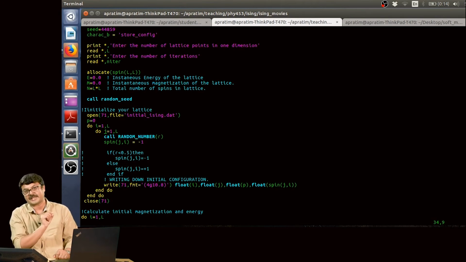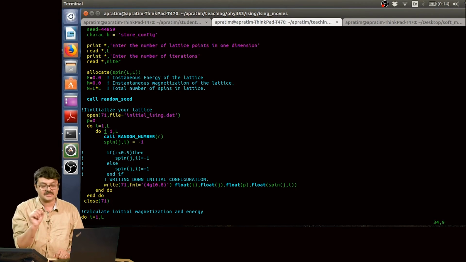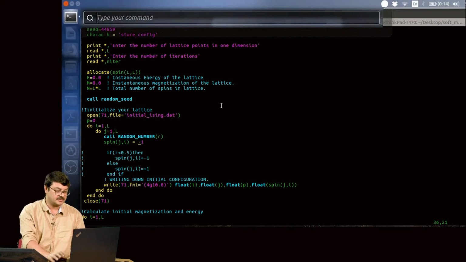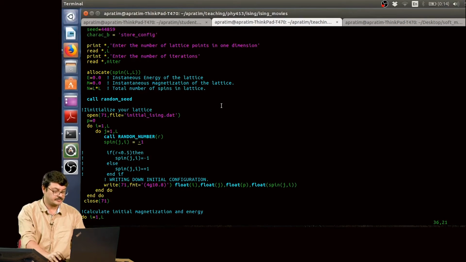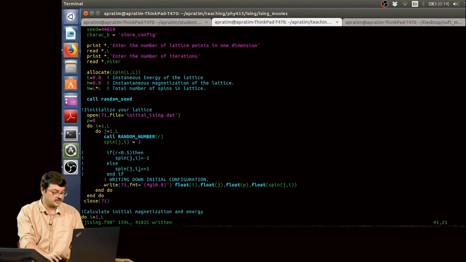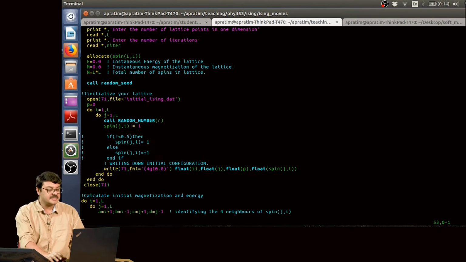So, you are scanning over the entire lattice, and at every lattice site the spin variable is set to -1 here. You can equally do +1, it does not really matter. So, here all spins are now pointing up. I am just saving this code by colon w, right.